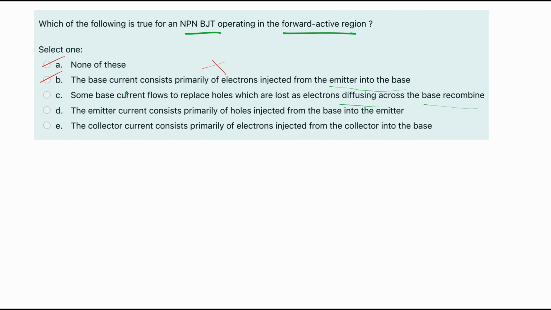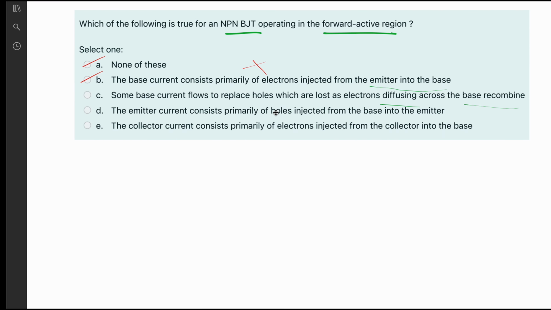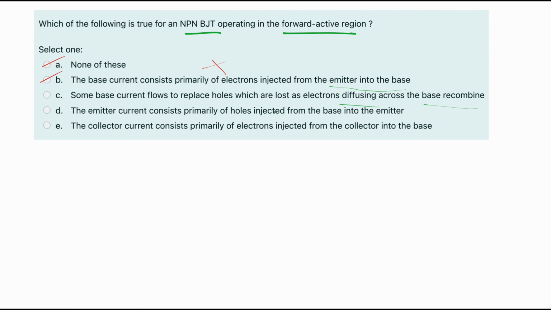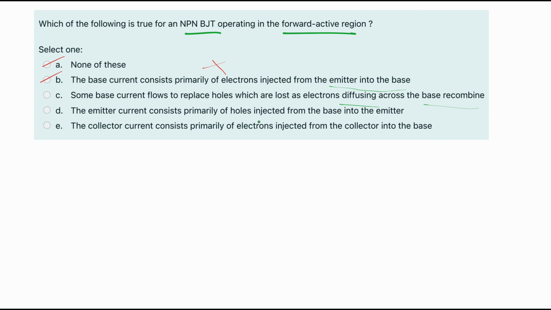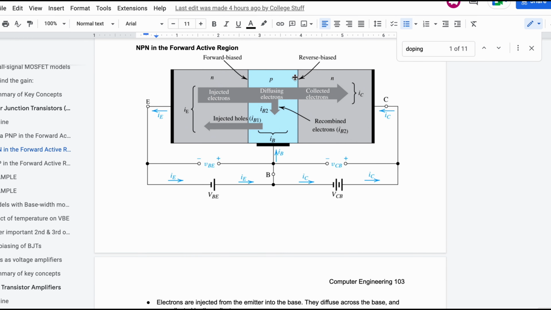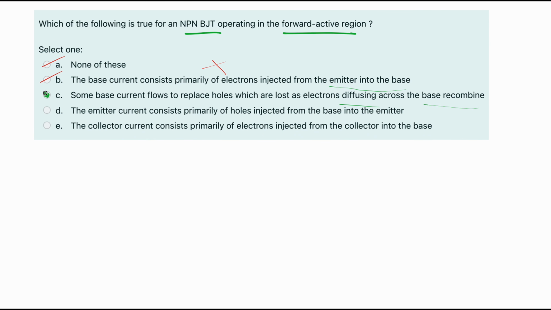So the base current flows to replace, that means this IB is coming in here, and it's going to replace the injected holes which are lost as electrons diffuse across the base and recombine. We're diffusing our electrons here. So this is going to be true.